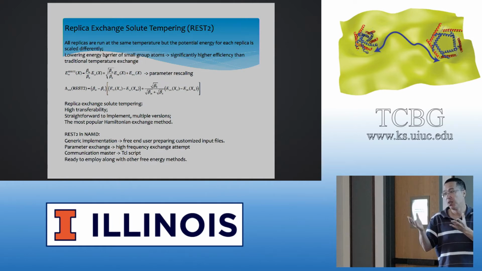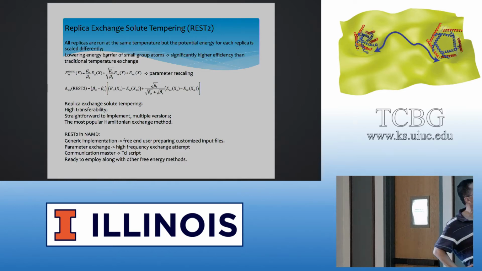Depends on your existing simulation, or existing crystal structure, or experimental data, or some B factors or softness, or some specific problem or protein structure, to decide. Okay, and because it only touches the interested slow degrees of freedom, it has significantly higher efficiency than traditional temperature exchange.